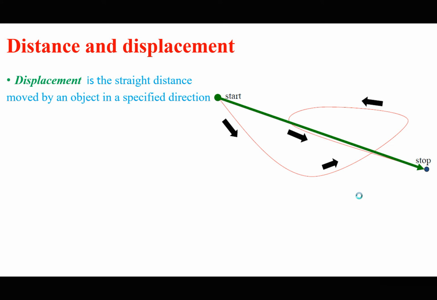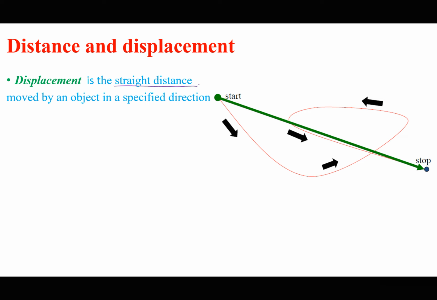The straight line distance, in a straight line. That's why you see the green line is a straight line. So it must be the straight line distance moved by an object in a specified direction.